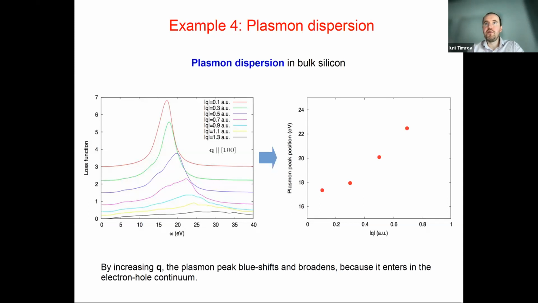So there is a question on YouTube. Is there a way to extract information about the orbitals where the transition takes place? So I guess this is about molecules, correct? Absorption spectroscopy in molecules. So if Oscar wants to answer, if not, I can answer.